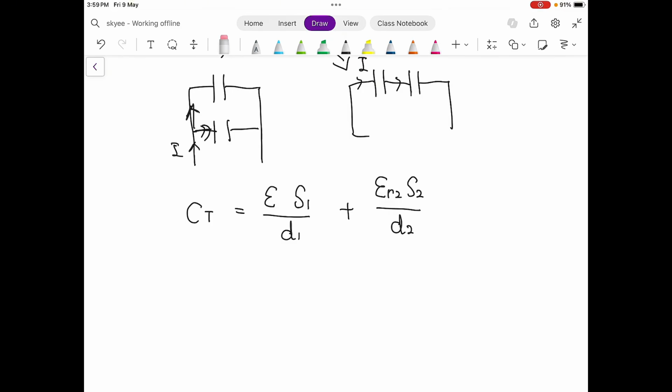To be precise, I will use epsilon 1 and epsilon 2. Epsilon 1 equals epsilon naught multiplied by epsilon R1, and epsilon 2 represents epsilon naught multiplied by epsilon R2. This is the same thing as when we were doing the boundary conditions.